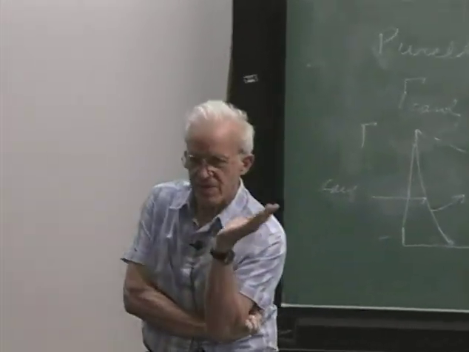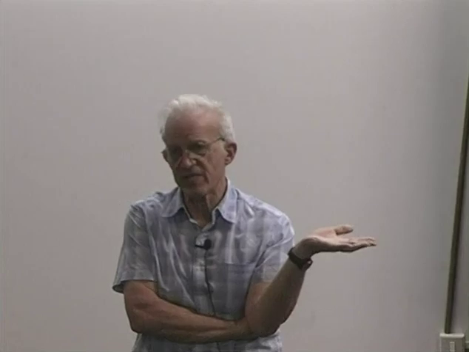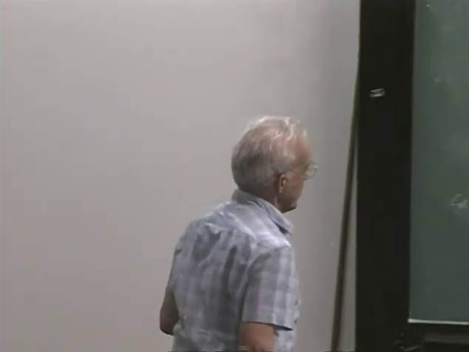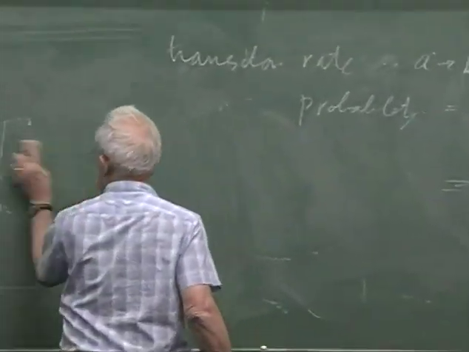Well, if you think back to last week, this is exactly what happens when you look at classical Rabi resonance between two levels. In Rabi resonance, you just oscillate back and forth at the Rabi frequency.